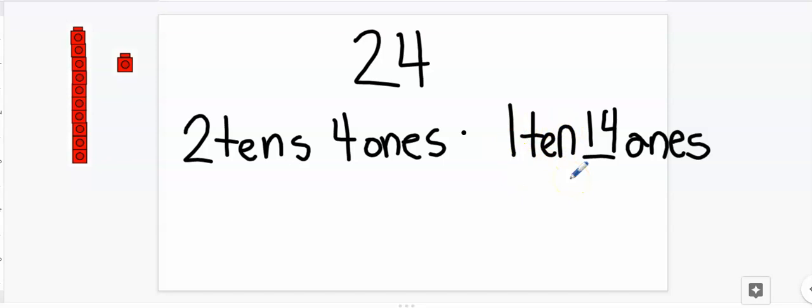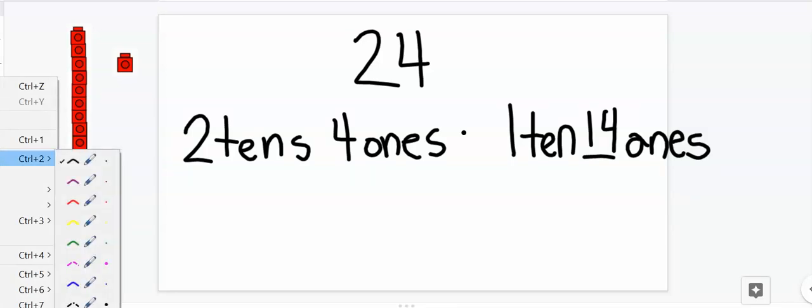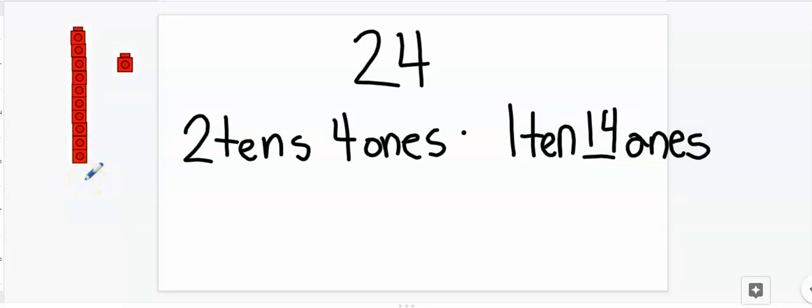14. So, I'm going to change colors here. What does this digit mean in the number 24? It means the number of tens. If I have 2 10s, how much do I have? I have 2 10s.